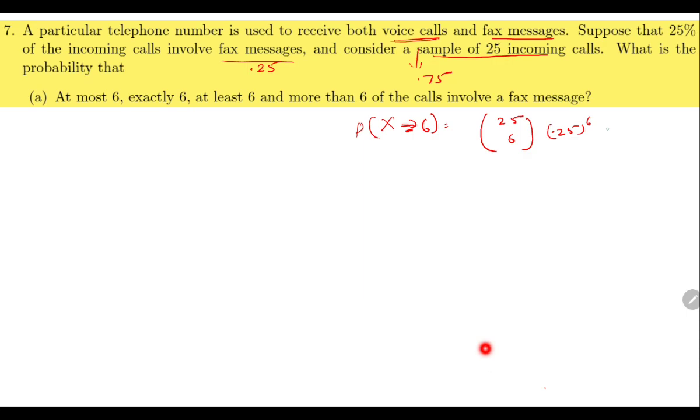It means the remaining ones have the probability 0.75 raised to the power 19. The idea is very simple, but if you do all this calculation it takes a lot of time.